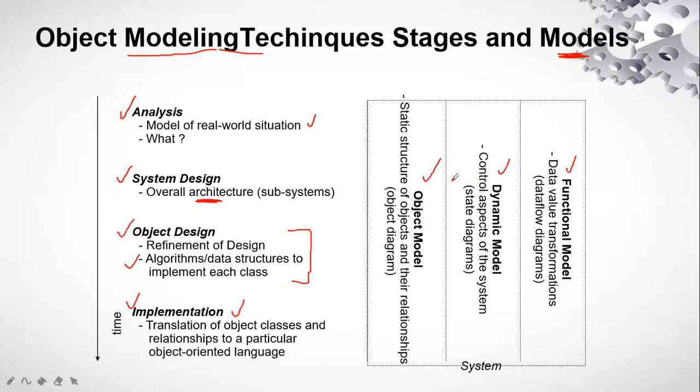The structural model was static in nature, so that is termed the object model. The diagrams or the modeling which we do on the static structure of the objects, the classes, and the relationships are termed the object model. These are the models which we have already covered in the UML diagrams, such as the object diagram, class diagram, component diagram, package diagram, etc., right?